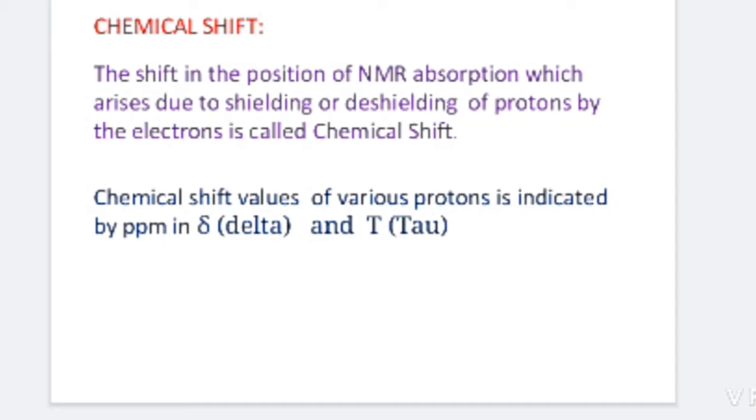This is the definition of chemical shift, especially the shift in the position of NMR absorption. Two terminologies are there, one is delta and one is tau.